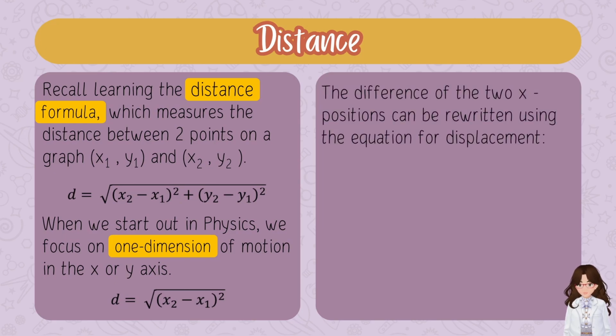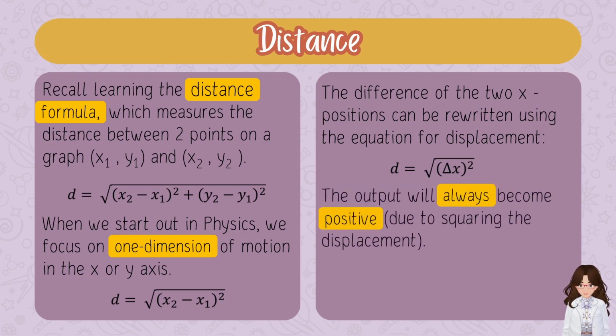We can rewrite x2 minus x1 because it should look oddly familiar to you. It kind of looks like the formula for displacement. And in fact, you're right. We can go ahead and substitute in the displacement statement. So distance is equal to the square root of the displacement squared.